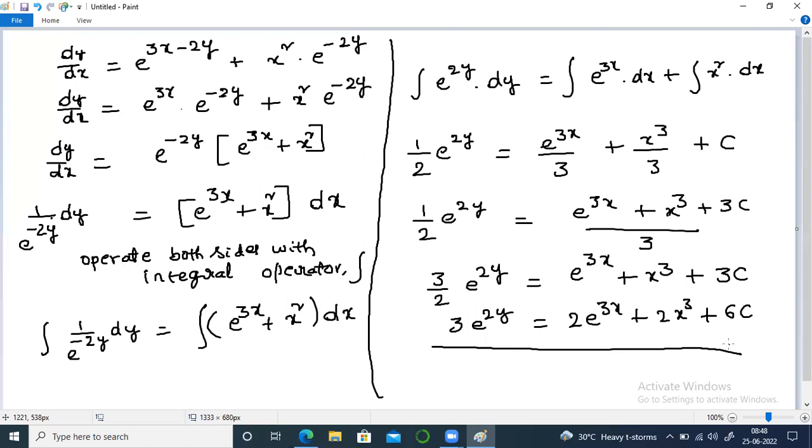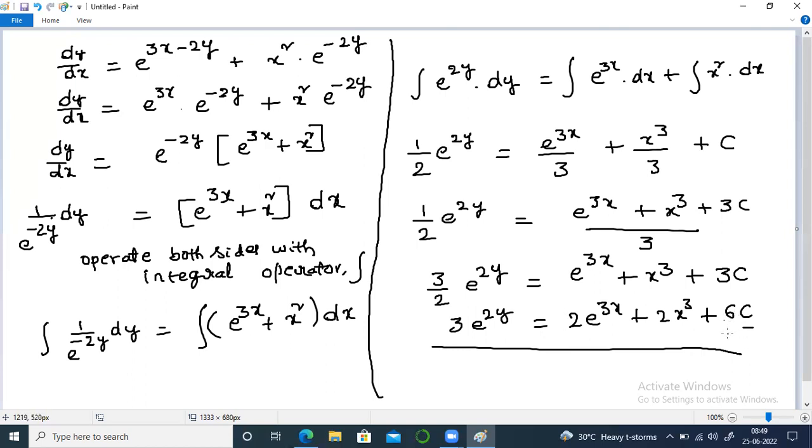It means final solution. So now you see here in this final equation, only y and x terms remain. No other terms. And one more thing is, here the arbitrary constant multiplied by 6 is a real constant.